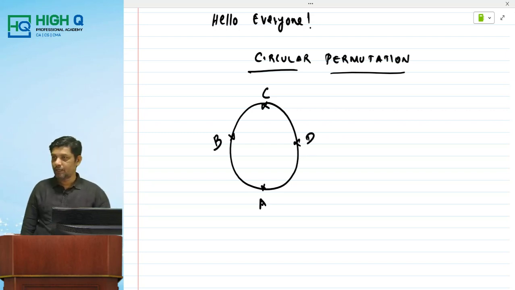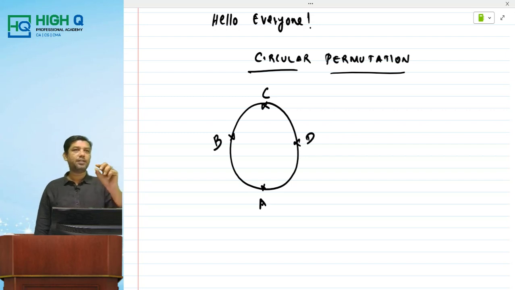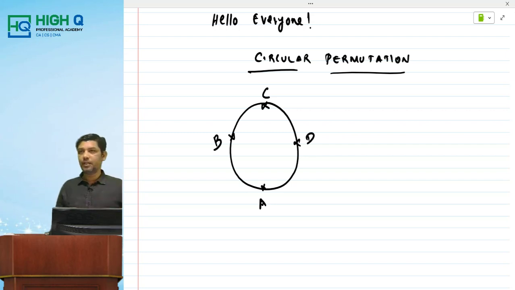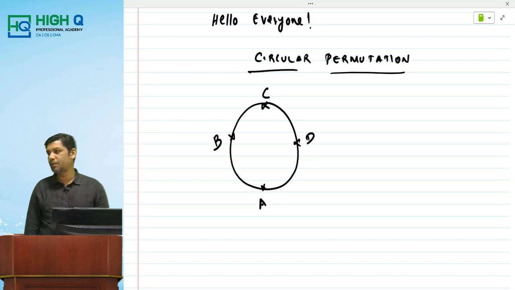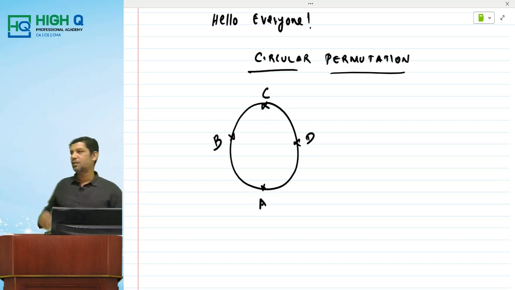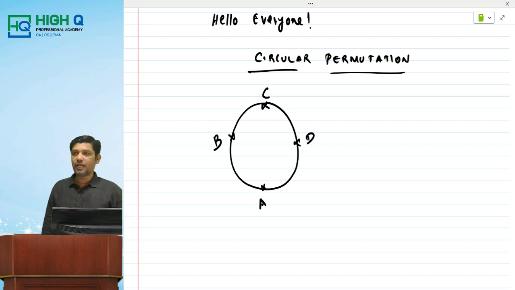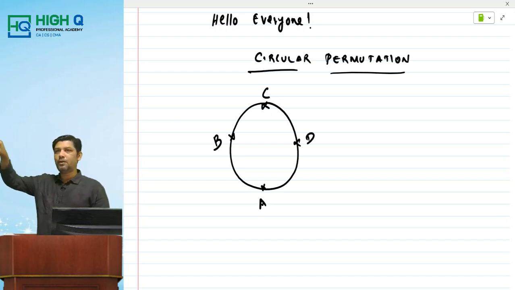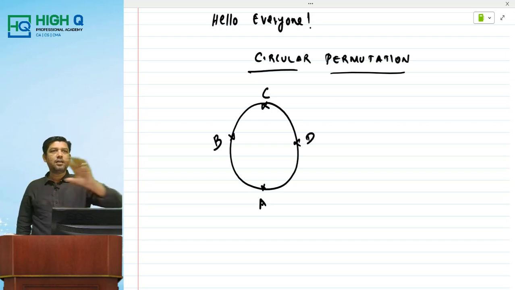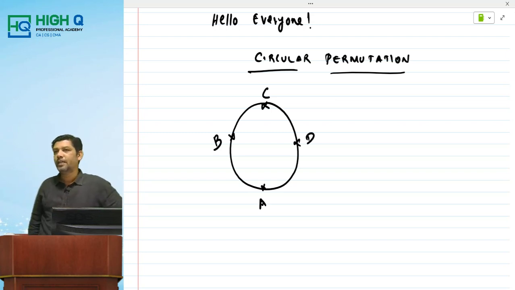Now, what is the difference between circular permutation and linear permutation, or circular arrangement and linear arrangement? Circular arrangement means people are seated on a round table. Linear arrangement is on a straight line. In linear arrangement, we have first place, second place and so on.